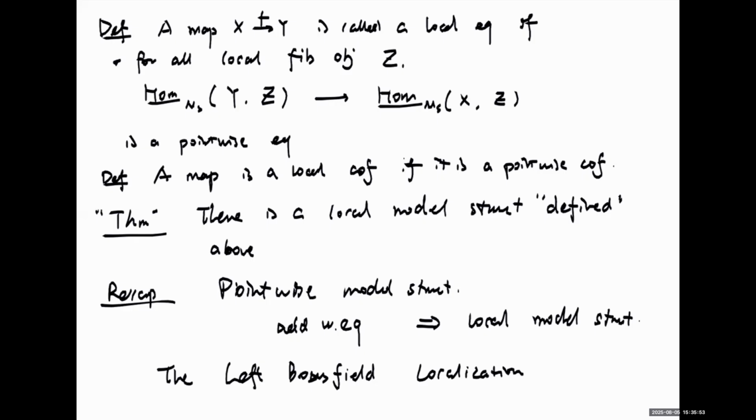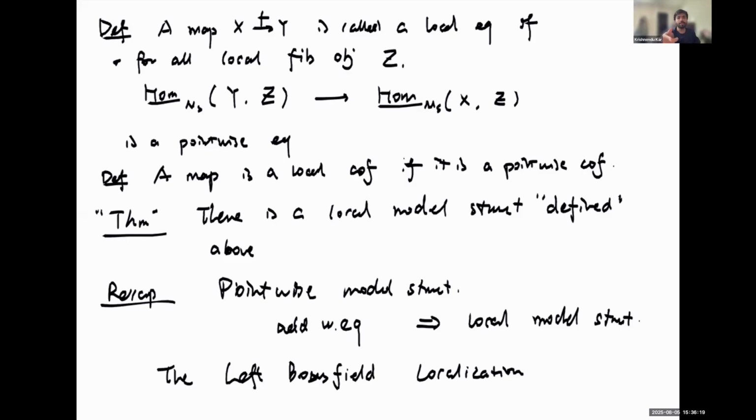I add more weak equivalences. I do not change the cofibrations. So the fibrant objects should change as well. And the locally fibrant objects that you defined on the last page are exactly the change, right? Yes, yes. It does change. So I see.